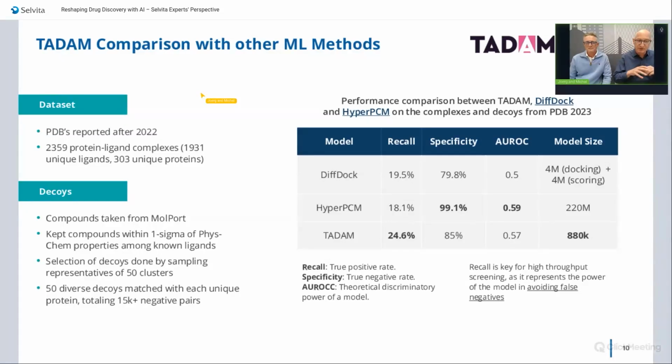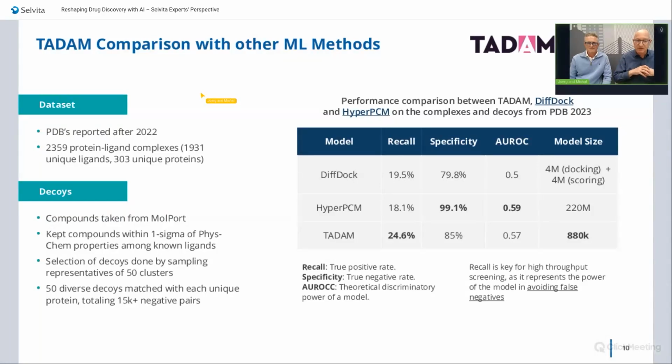We created also decoys that were non-active, and then we were running this test set through all three models. And after taking a look at the confusion matrix, we saw that if we scan them for recall, specificity and the area under curve, TADAM is with recall quite much in front.